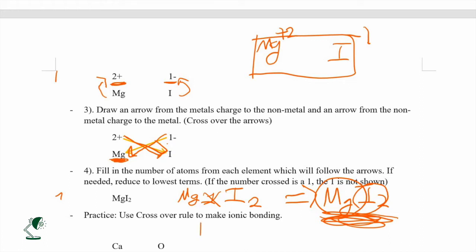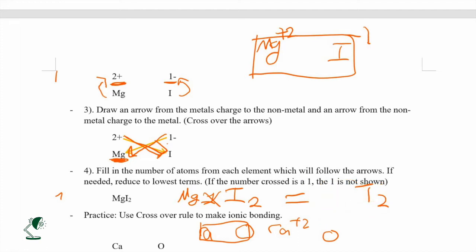When you take a look, you will see Ca on your left and oxygen on your right. The number for calcium is +2, and the number for oxygen is -2. Great. And what do you do? You just have to cross over.